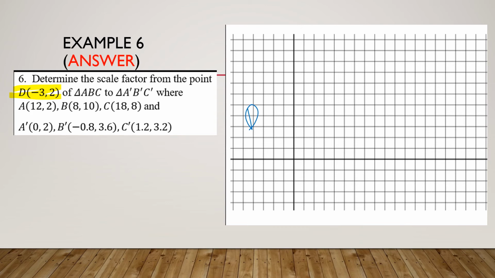So I'm going to plot point A. So A was 12, 2. So 1, 2, 3, 4, 5, 6, 7, 8, 9, 12, up 2.